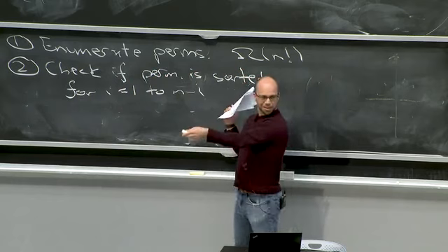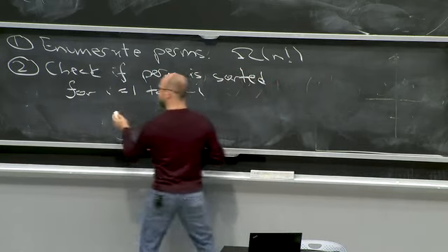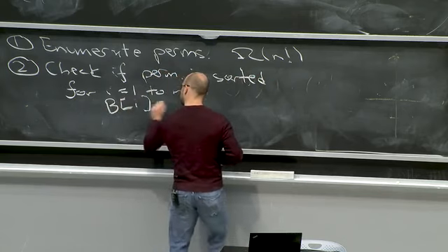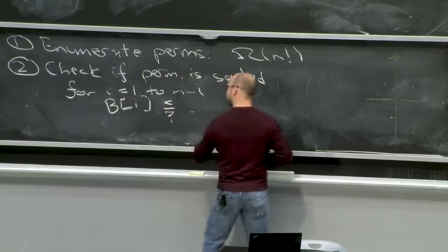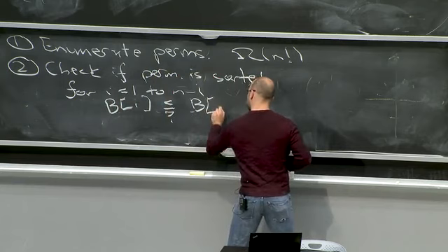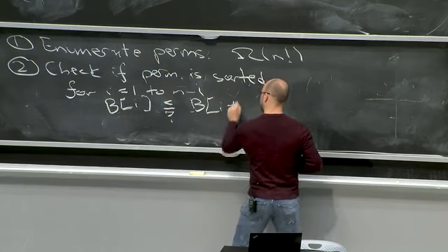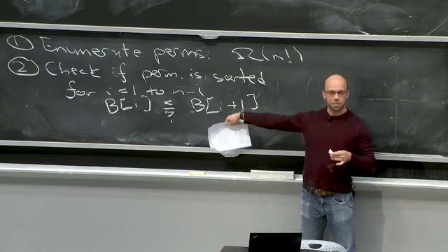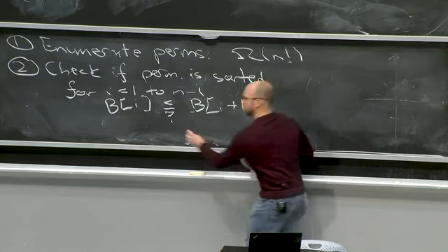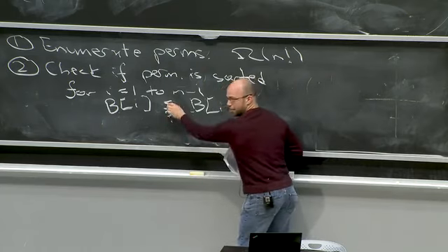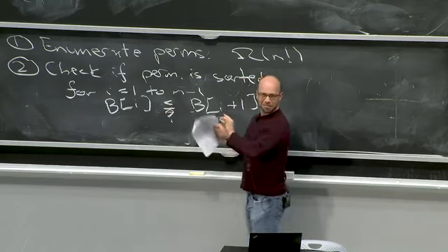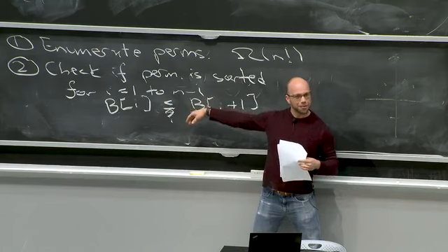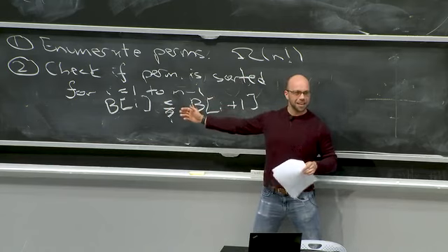Notice I'm not a Python coder, so it's going to look a little different. Then check: is b_i less than or equal to b_(i+1)? That was supposed to be a question mark, this was less than or equal to with a question mark over it. It was my special notation. So if I get all the way to the end of this for loop and this is true everywhere, then my list is sorted and life is good.